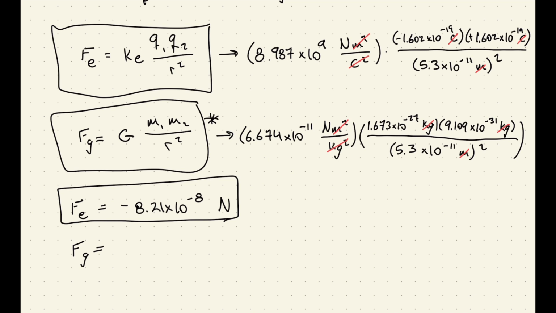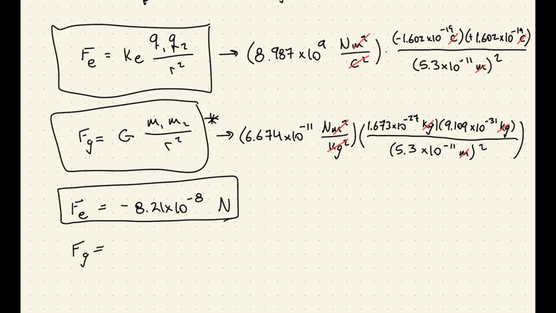Awesome. Now let's plug in everything for the gravitational law. So I have 6.674 times 10 to the negative 11. Multiply that by... Now we can't square anything because we have two things that are different. 1.673 times 10 to the negative 27. Close bracket times open bracket 9.109.